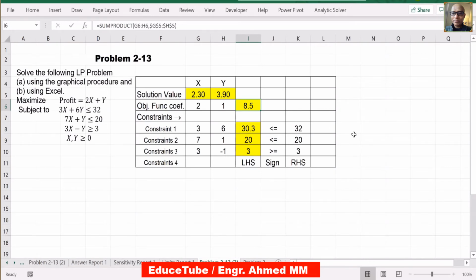We solved it using solver. Now we can get all these values, I mean 2.3, 3.9 or 8.5, by using the graphical procedure. So let's move ahead to see how to get that.